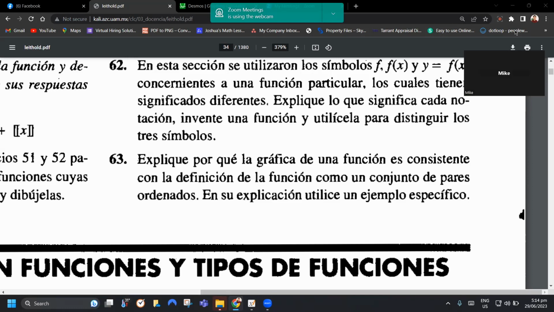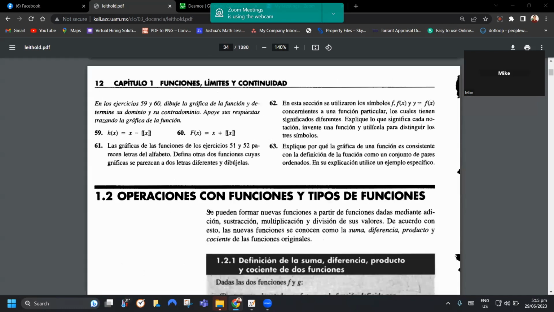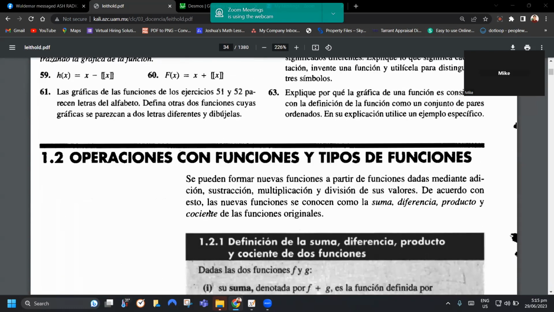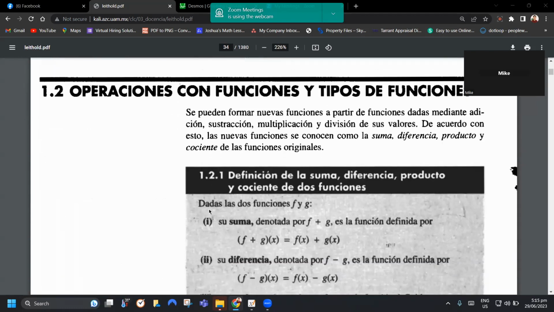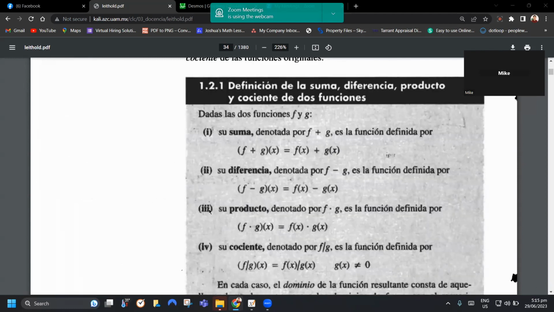Anyway, okay, I think that's okay. So let's go to section 1.2. Here we define the function and the operations on functions. This part should be review, except perhaps for function composition.